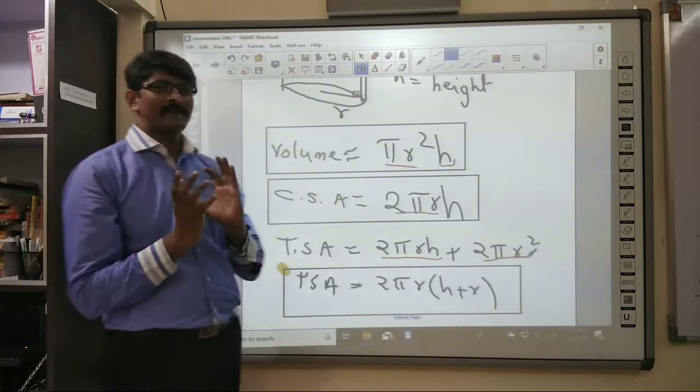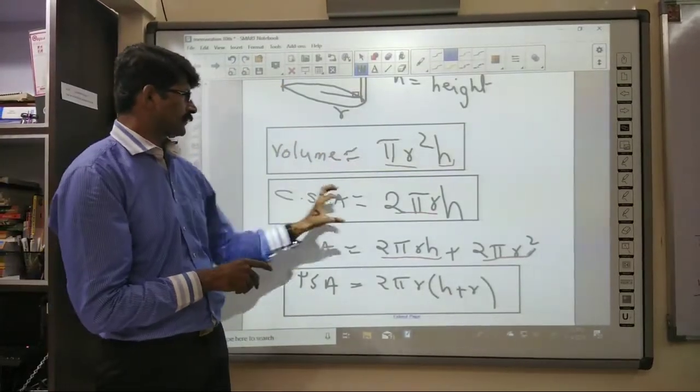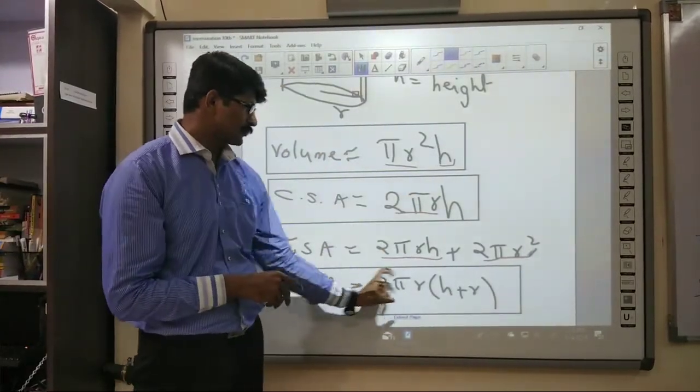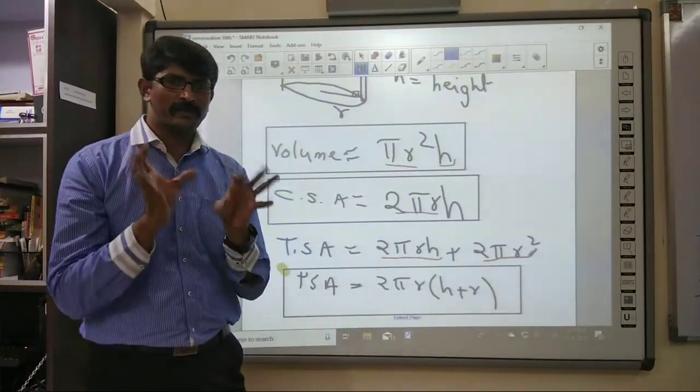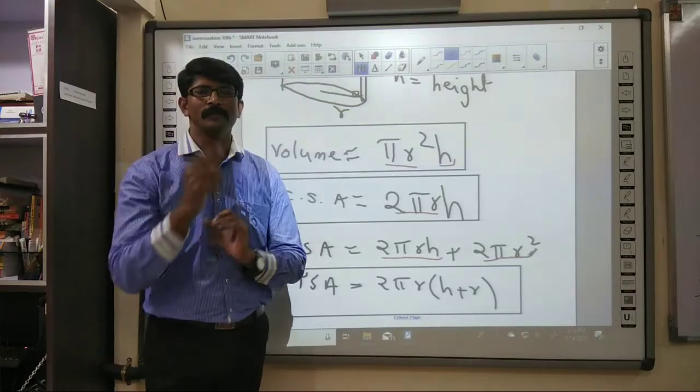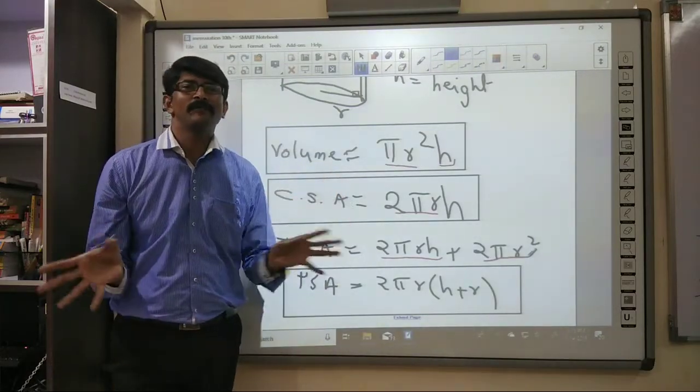So, student, please write down these formulas quickly. So, cylinder volume is equal to pi r square h, curved surface area is 2 pi r h, and the total surface area is 2 pi r times h plus r. See, student, understand, always remember that this formula should be on the tip of your tongue, because in the examination, the formula can come in any format.